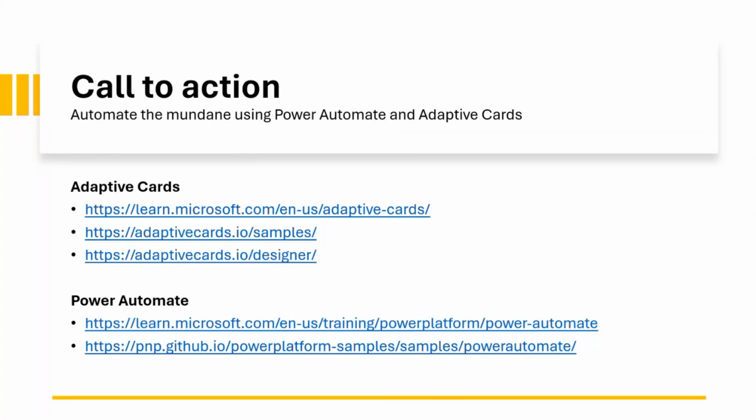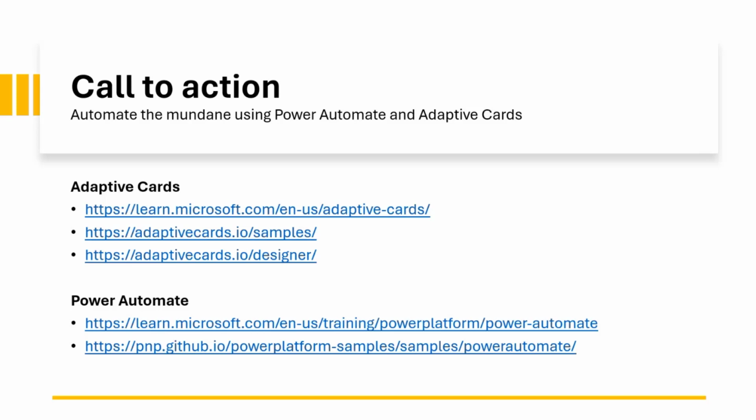So my call to action to you is to help your users find those manual and mundane tasks and try and automate them using things like Power Automate. Consider using adaptive cards for those situations where you can't have those user dialogues inside of an application.